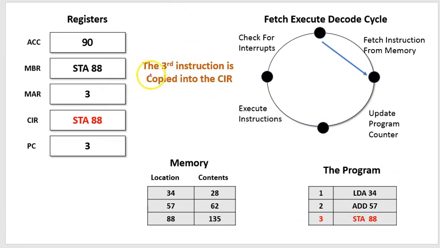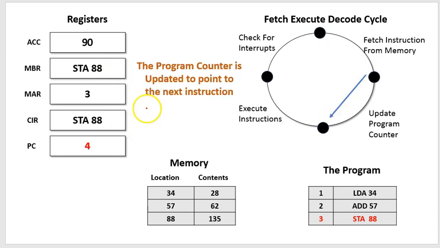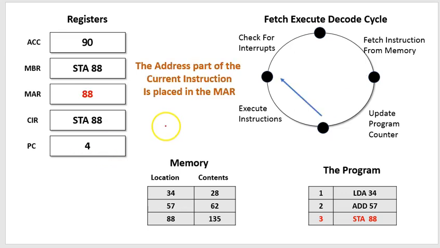And then of course that's going to be moved into the current instruction register, but we'll see that in a second. Okay, so the third instruction is now copied into the current instruction register, and now the program counter is updated to point to the next instruction. So the program counter, which was 3, is now updated for the next instruction to come along. And then the address part of the current instruction in the current instruction register will be placed into the memory address register.